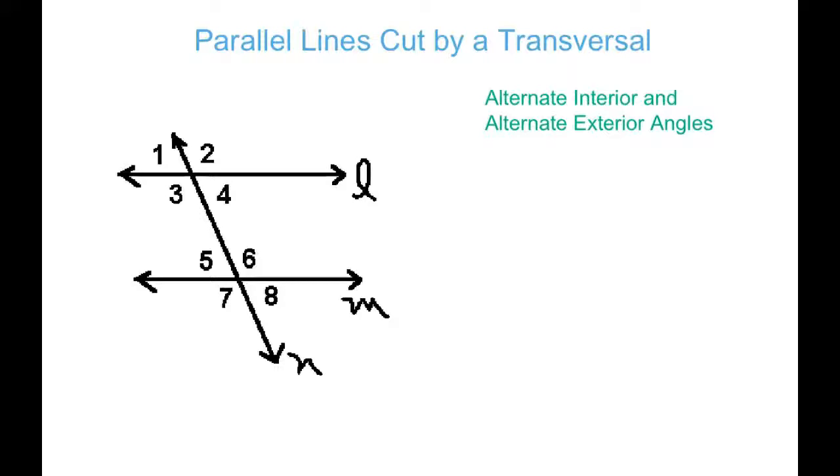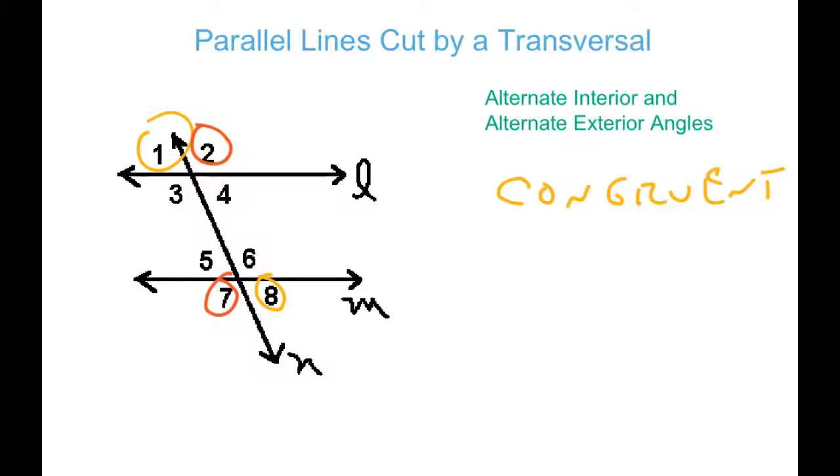When we have 2 lines and they're cut by a transversal and those 2 lines are parallel, alternate interior and alternate exterior angles are congruent. Meaning, angle 1 is the same as angle 8. If angle 1, let's say, was 70 degrees, angle 8 is 70 degrees. Angle 7 and angle 2 are congruent.